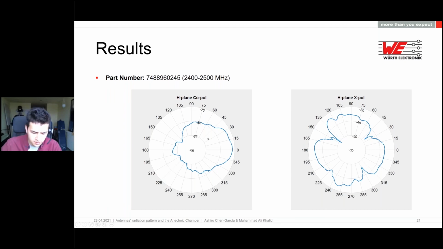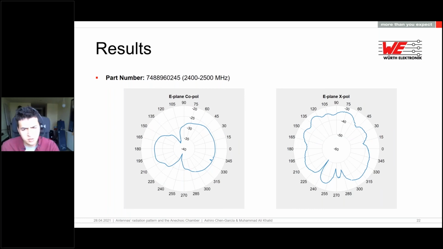Then in the E plane, we can also observe the copolarization, which is much better than the cross polarization, and the low difference in the copolarization around the whole 360 degrees.